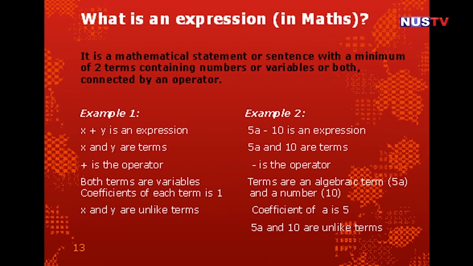Now, what is an expression? In math, what is an expression? It is a mathematical statement or sentence with a minimum of 2 terms containing numbers or variables or both connected by an operator. I have here 2 examples. x plus y is an expression. x and y are terms.